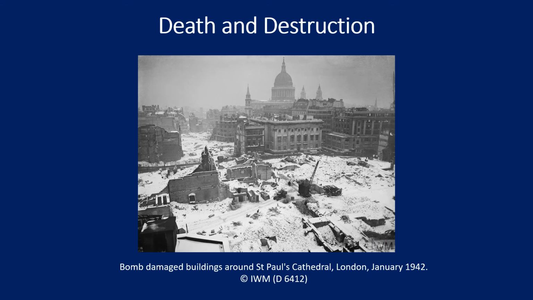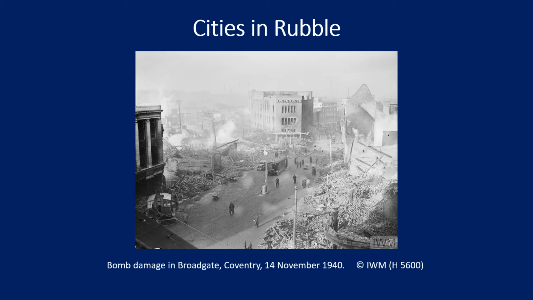Even with protective measures in place, there was much loss of life, injuries, and destruction of property from the Luftwaffe bombing raids. An estimated 23,000 civilians died in the 6-month period between June and December of 1940. Whole sections of cities were reduced to rubble.